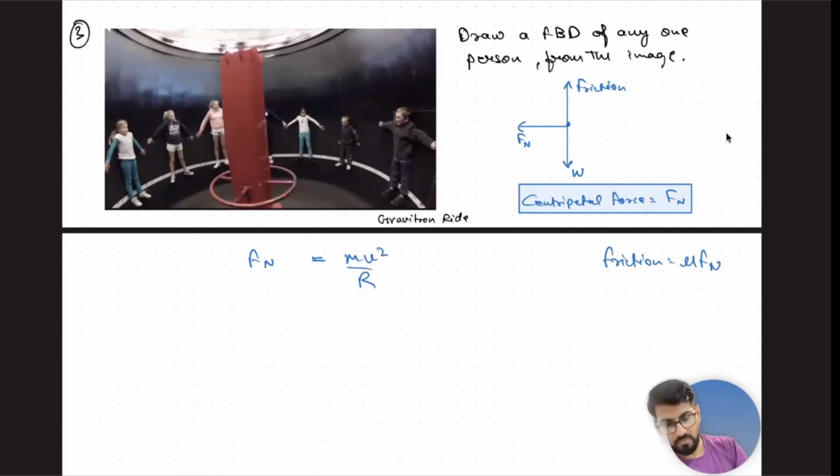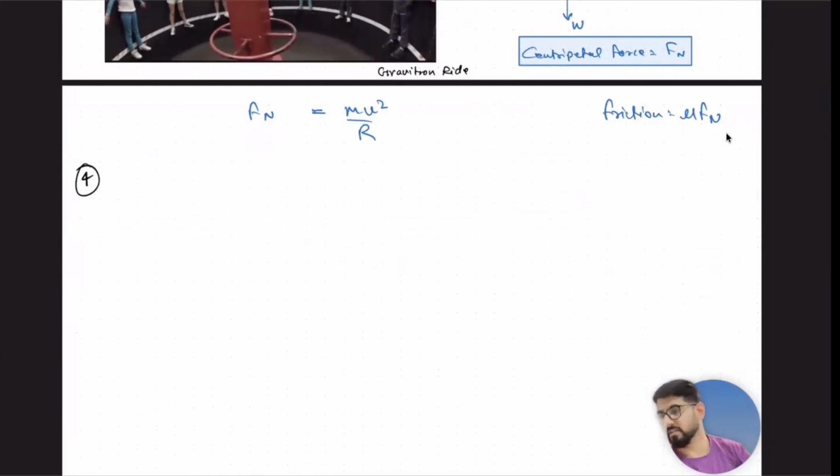Another type of question may be related to a string, like a simple string is attached and you are rotating. A stone is attached to a string and you are rotating. So, for example, I'm rotating this object in a circular motion like this. This is my radius r from the center at an angle theta, let us say.